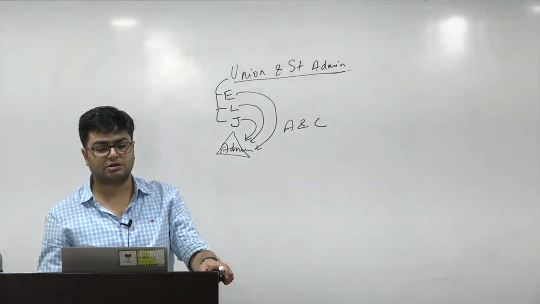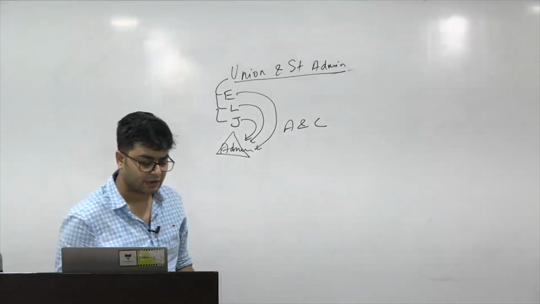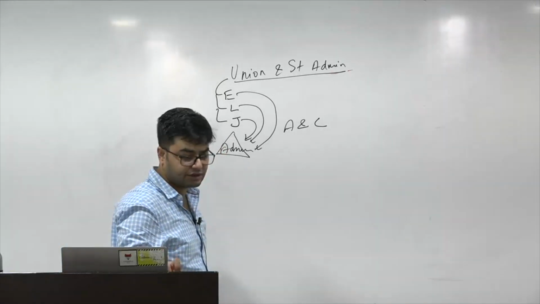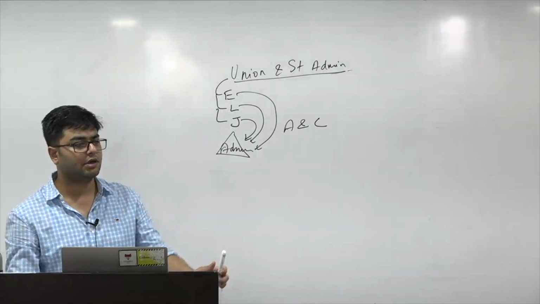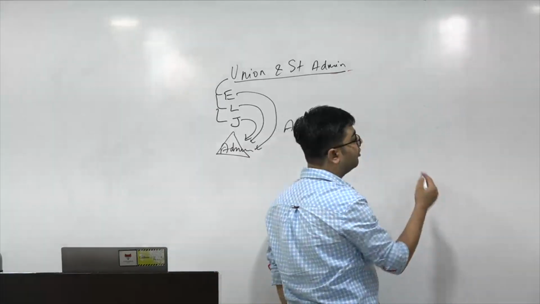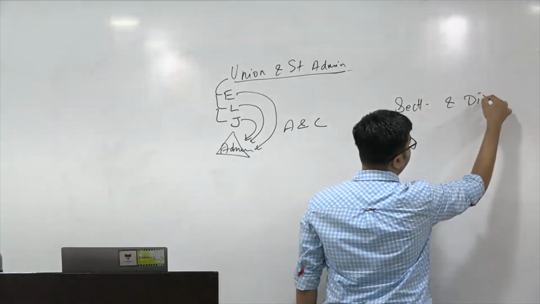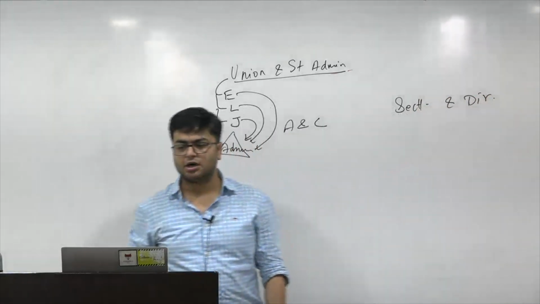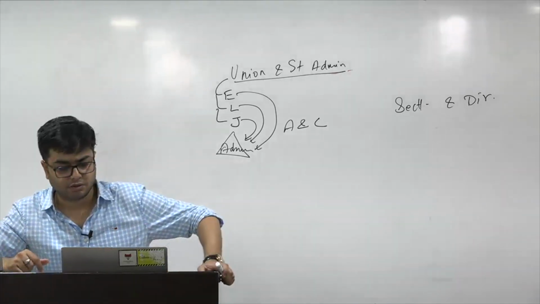More focus is on the secretariat and directorate system, because that is the core administration that we are dealing with. So you see, it was initially the British who followed the secretariat and directorate system. This forked system with two ends.